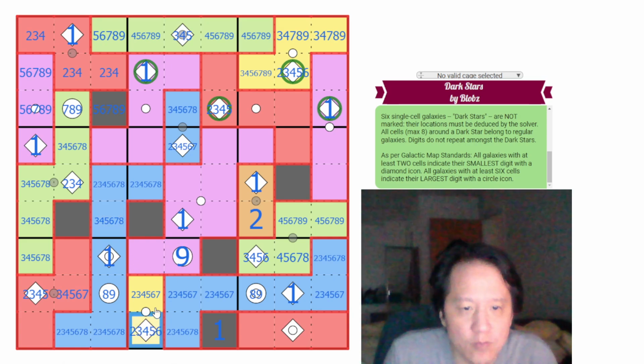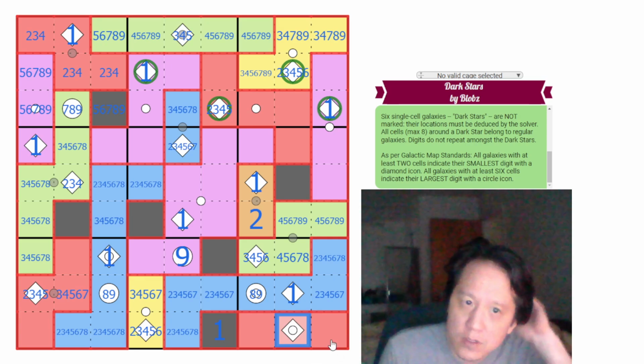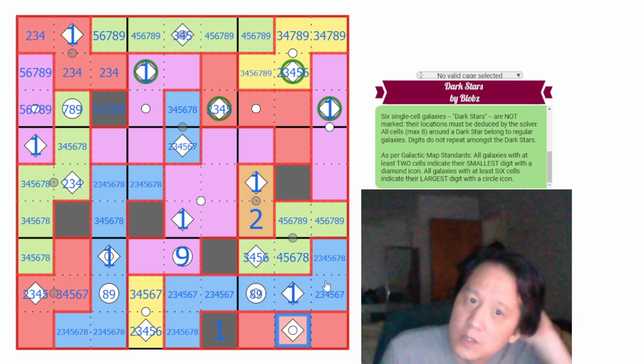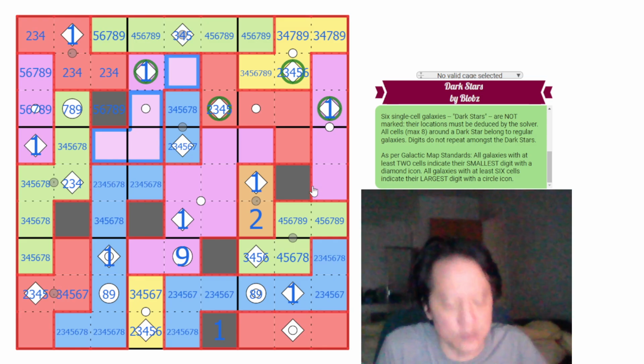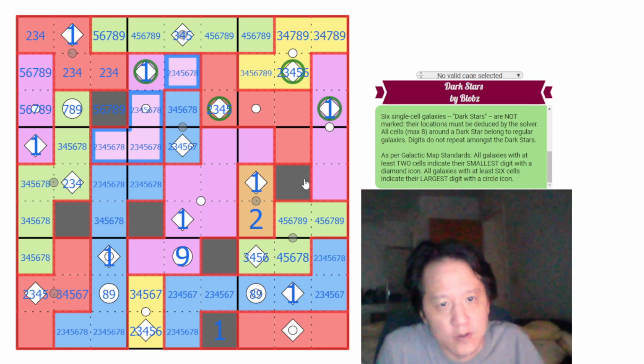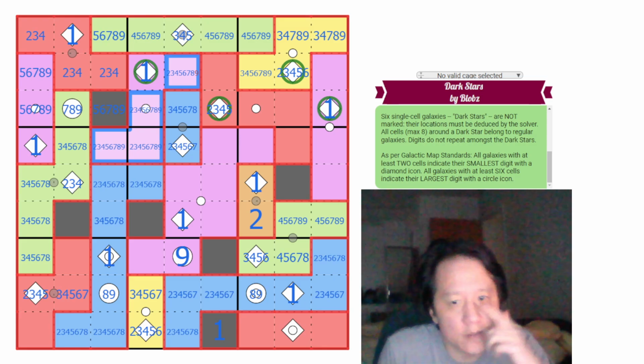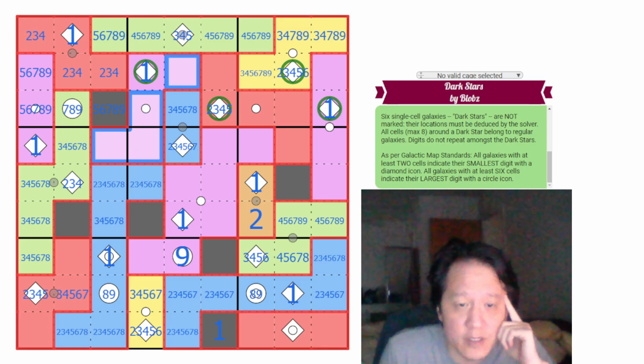This can't be 1, so this can't be 2. 2 could be here, 2 could be here, 2 could be here. So 2 could be any of these two. So, okay, that's not helpful. That's too many things going on.